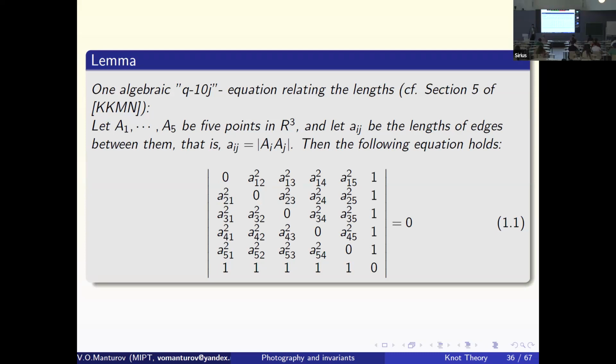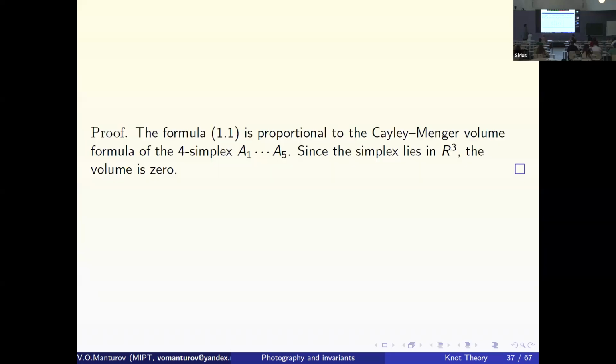You see, you may have any sort of equation like 5 points are coplanar, or 5 points are on the same sphere, or something like that. And you can have Cayley-Menger formulas, you can have any other formulas from various geometry textbooks. And presumably they should give something nice.